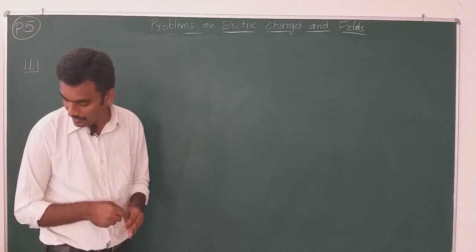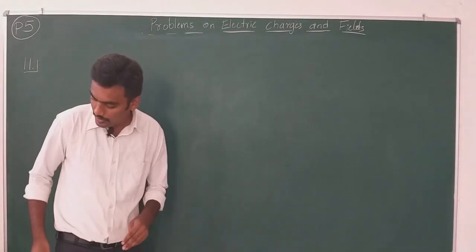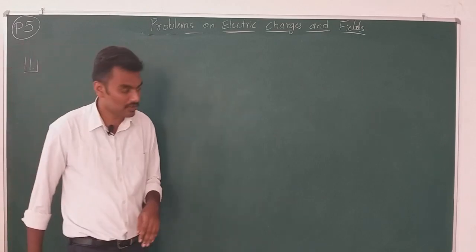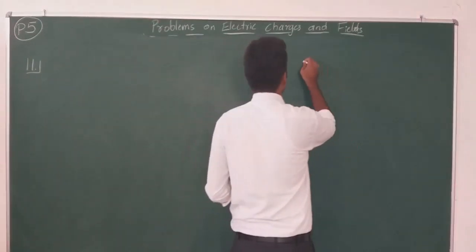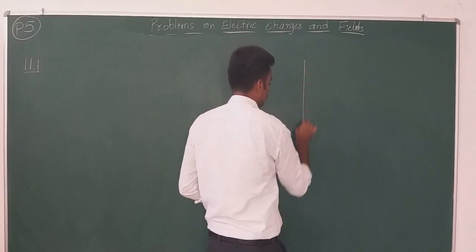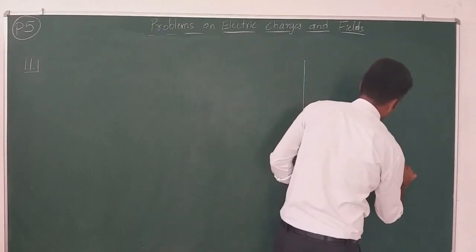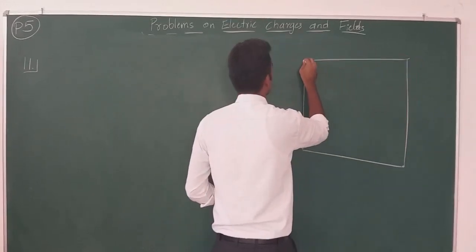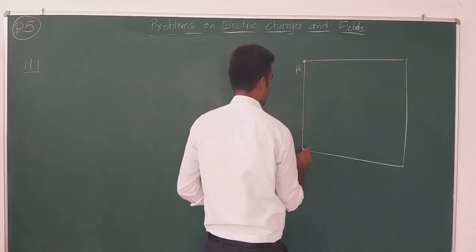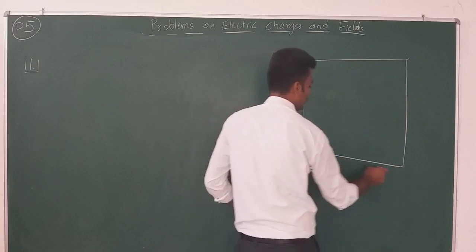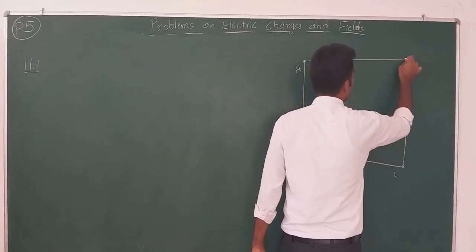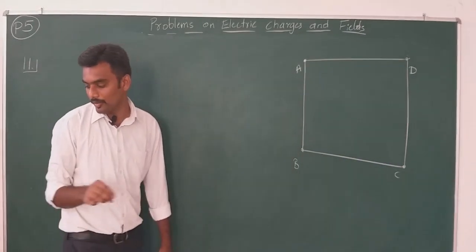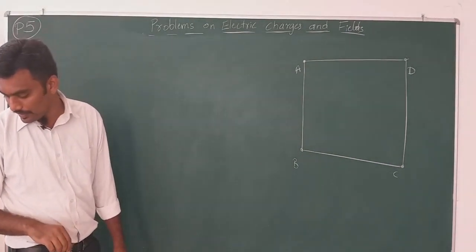So, we have a square shape and 4 charges located at each corner of the square. Let me name these as A, B, C and D. The amount of charges present at A, B, C, D respectively are given.